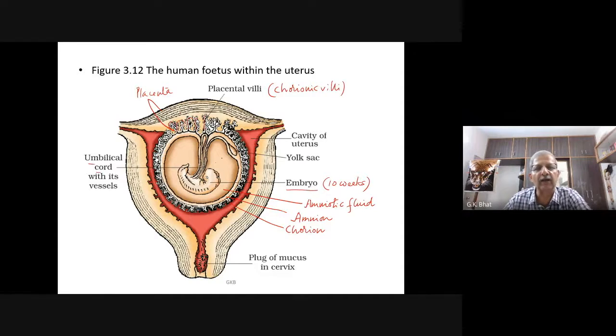The umbilical cord contains arteries and veins. The umbilical cord has a part inside called the allantois, which is mainly concerned with the removal of the excreted matter that is passed through the veins carrying blood away from the fetus. And we have the degenerated yolk sac. This is the structure of the human fetus within the uterus.